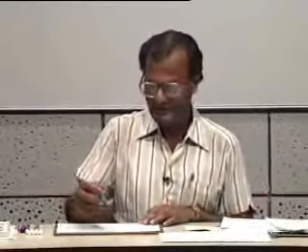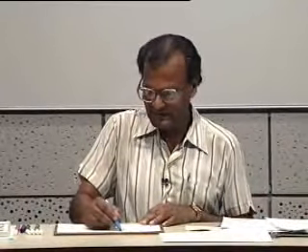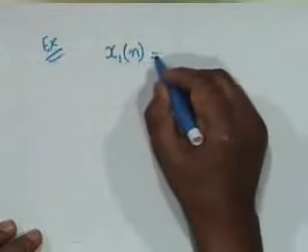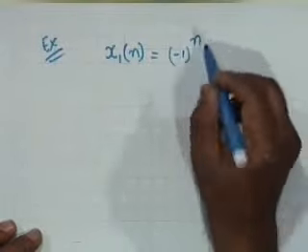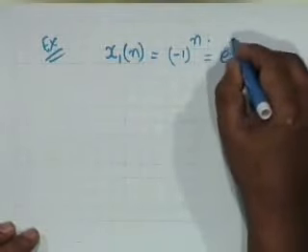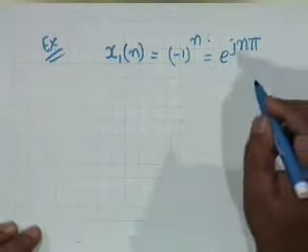Now let's first take an example of this. The example that we take is, we take an x1 of n which is periodic. It is minus 1 to the power n, which is the same as, you better get acquainted with this, e to the j n pi.